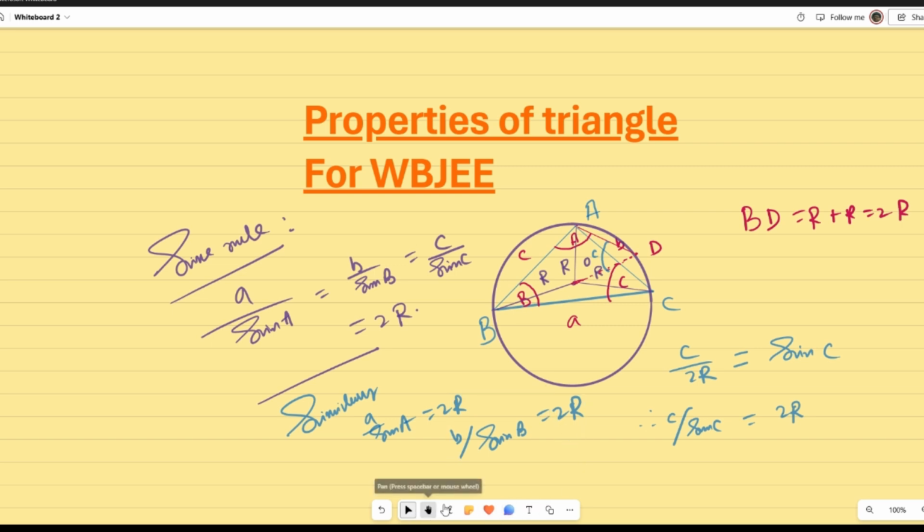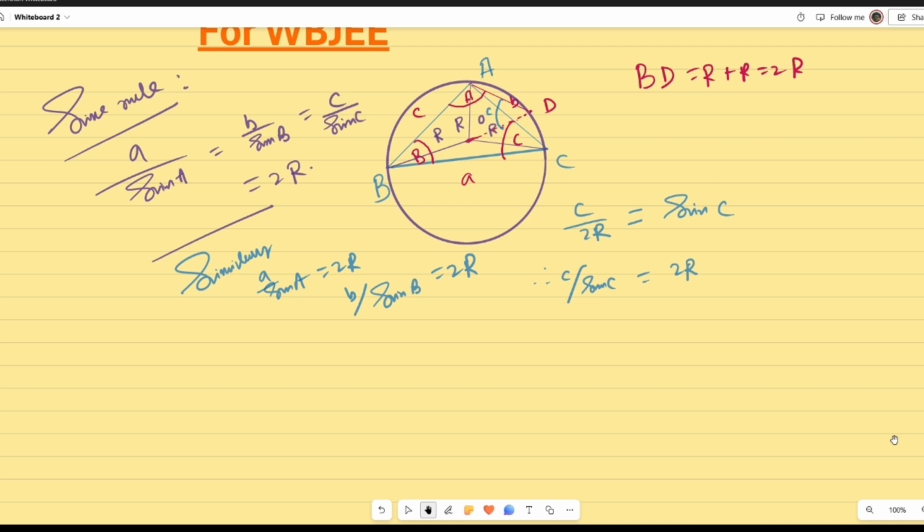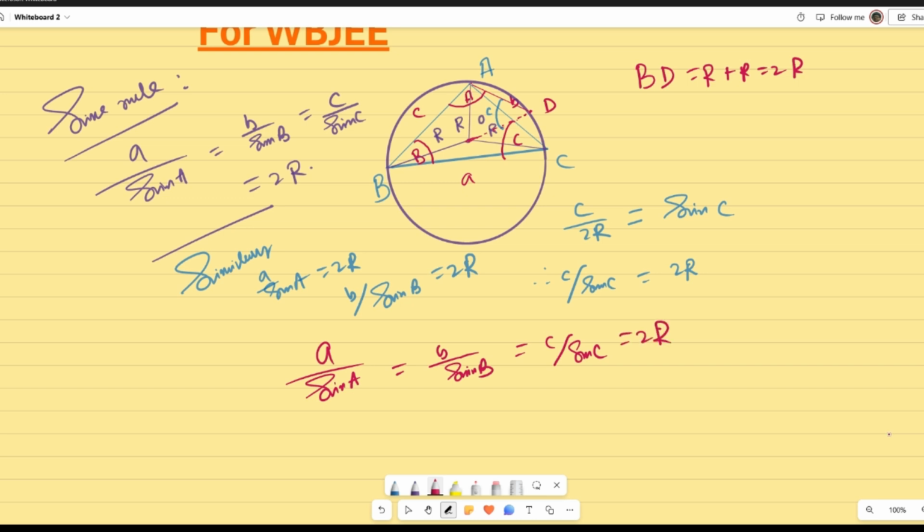So by combining these three relations, you can write a by sin A equal to b by sin B equal to c divided by sin C is equal to 2R.